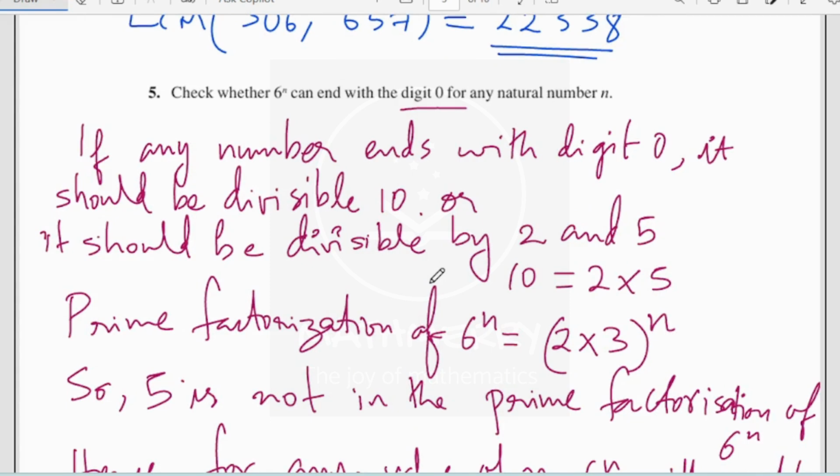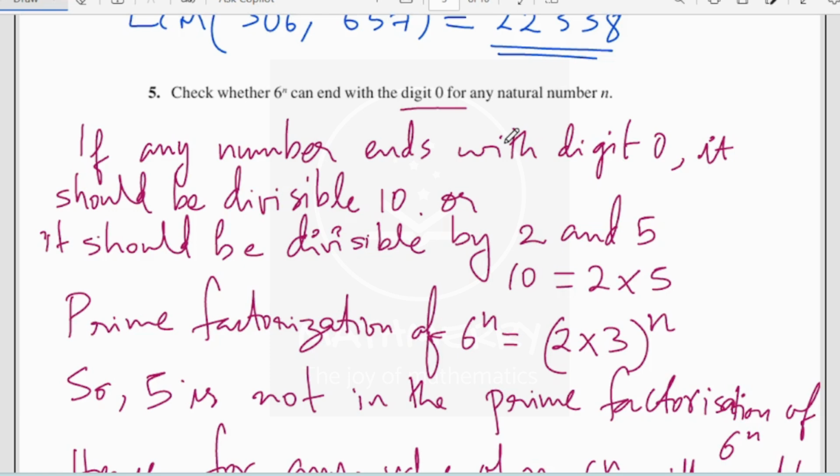So the structure is like this. First of all, for a number to end with 0, we should know that it should be divisible by 10. If it is divisible by 10, it should also be divisible by 2 and 5. In 6 raised to n, we have 2 and 3 in the prime factorization, but we don't have 5.